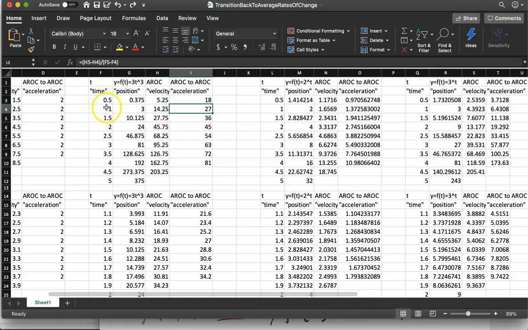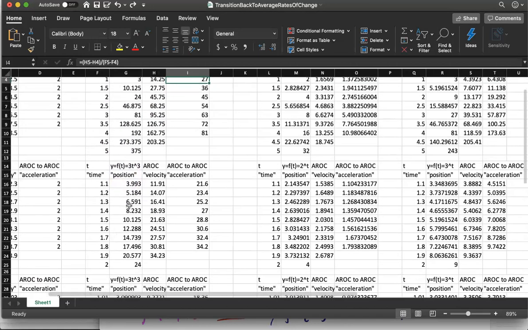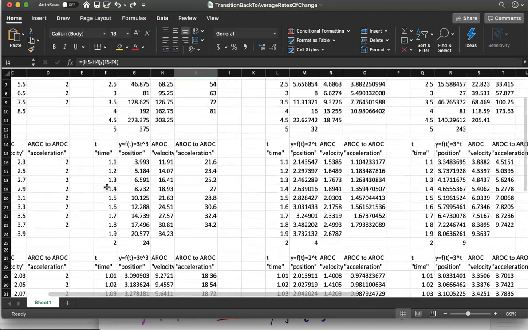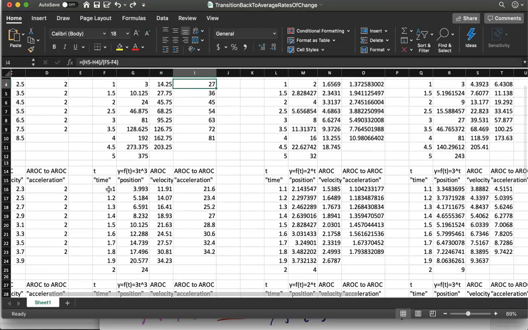And you can see that the time spacing is 0.5. So what happens if we try to look at a time spacing of 0.1? We could create some values of the function.